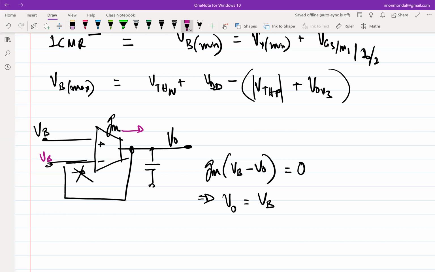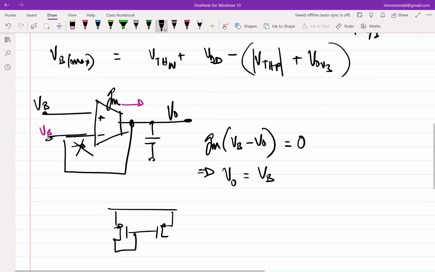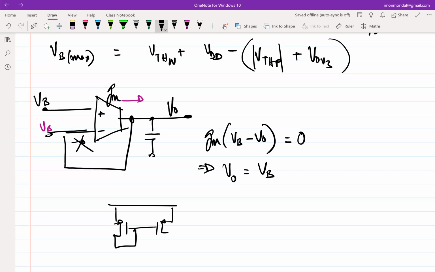Okay. And this is shorted because the output, or some part of the output, is connected to the input, and the loop gain is infinite. Okay, fine. Now let's go back to our transistor level equivalent. By the way, if I don't neglect channel length modulation, I will have some resistance.